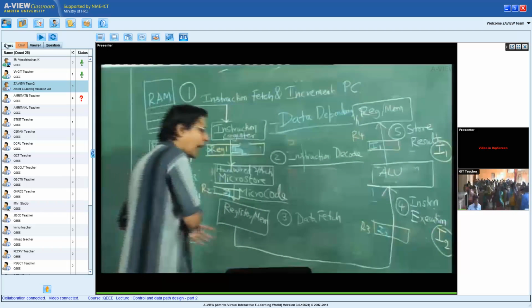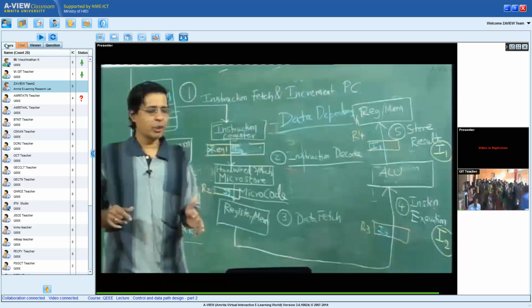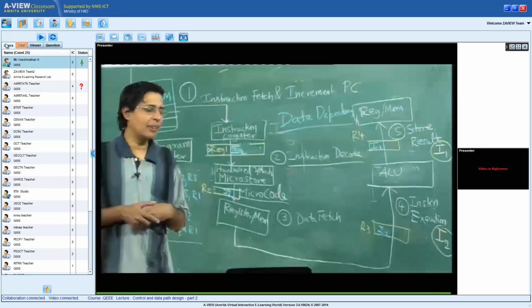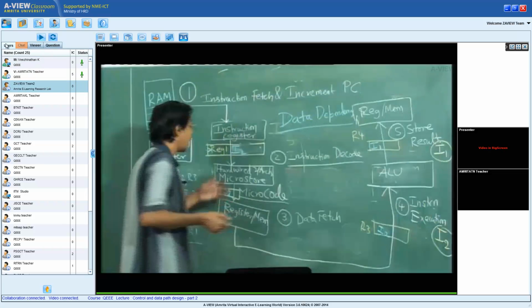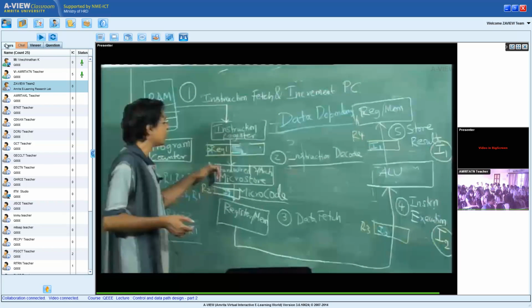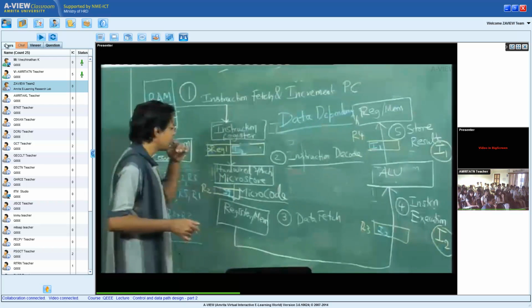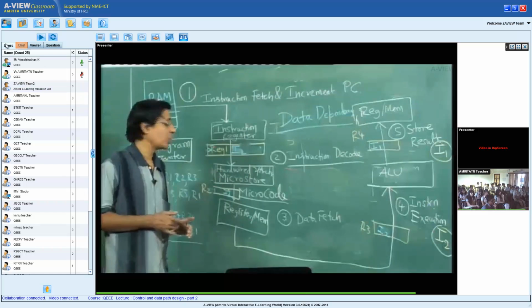I would like to have this architecture across 2 to 3 generations, so I may have to keep adding more and more instructions, and when I start adding more and more instructions, it is very important that I have a microstore. This is something which we need to see when we are looking at the instruction decode.